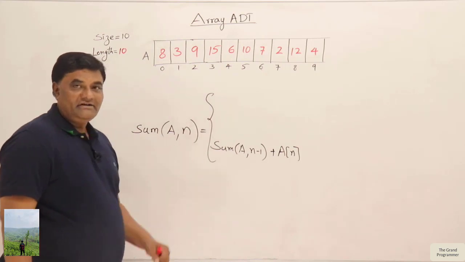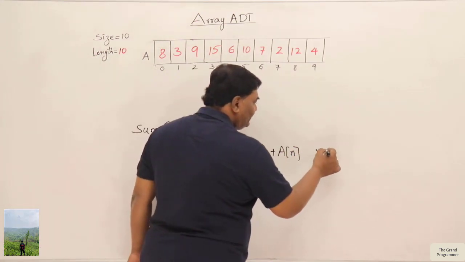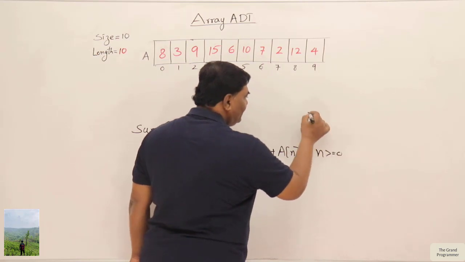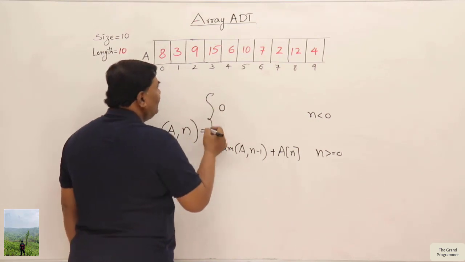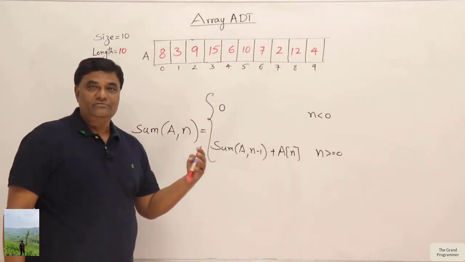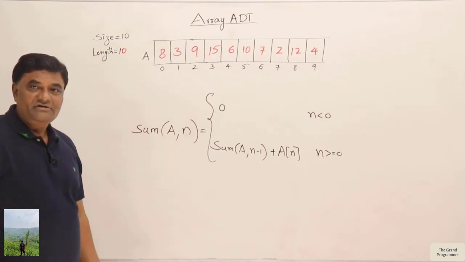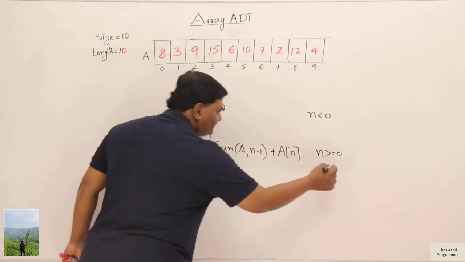This is how we can define it recursively, for n greater than or equal to 0. When n is less than 0, then it is 0. Less than 0 means minus 1, minus 2, if anything you give, then that is 0. So this is the recursive definition. For this recursive definition, I will write down a function.